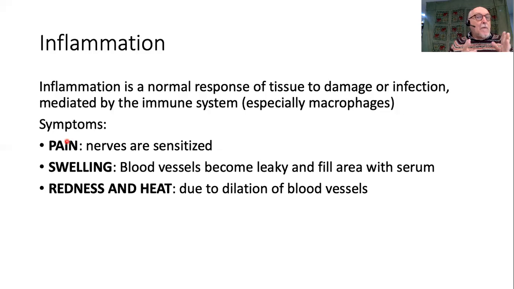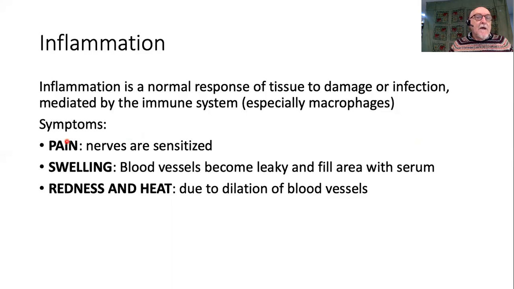Then the next two are probably the real hallmarks of inflammation that we would notice. And these are that the area goes red and that it gets hot. And that's for two reasons. First of all, the dilation of the blood vessels in the area, that's what you're observing as being the redness. That's one.